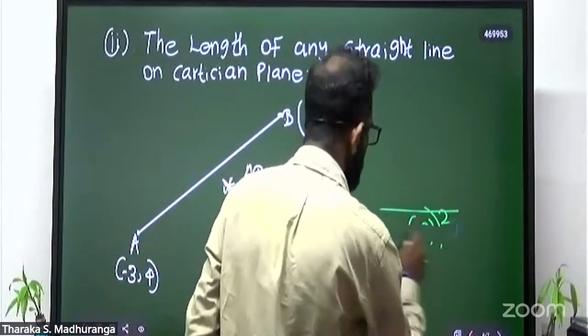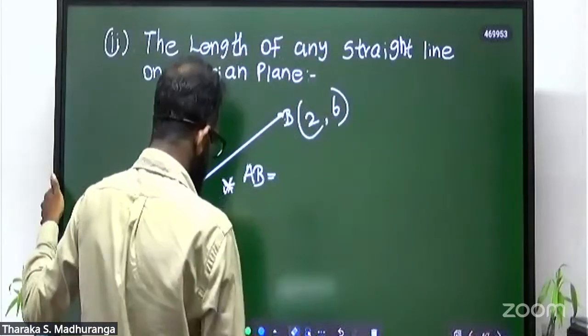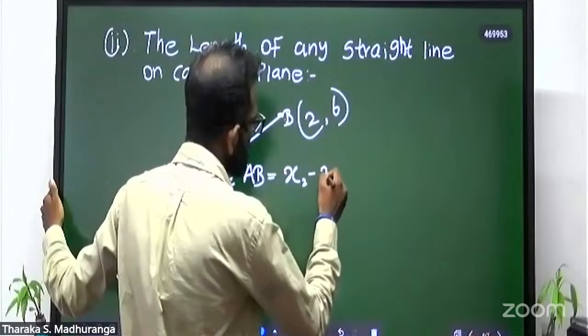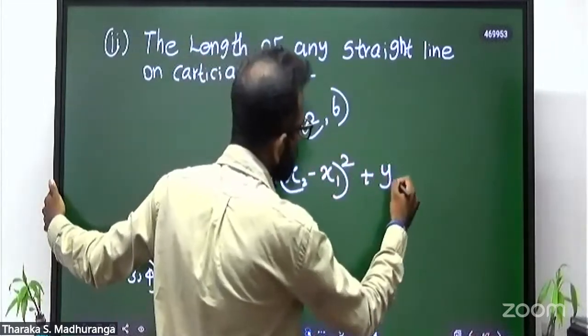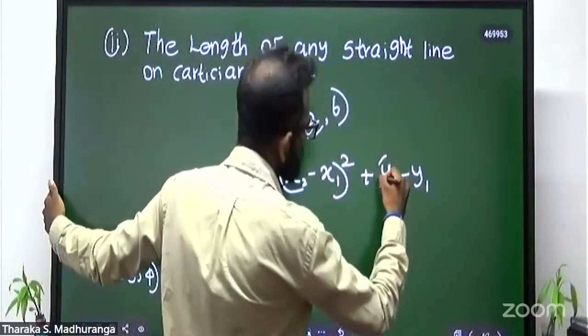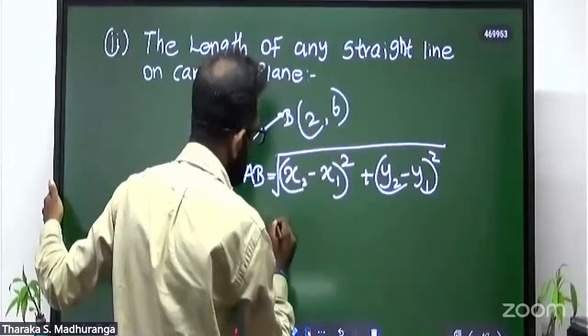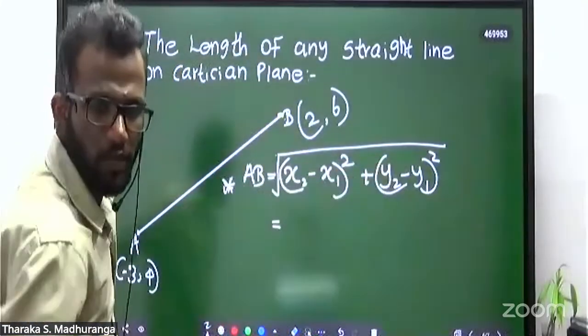Okay, I will do it again: x2 minus x1 squared plus y2 minus y1 squared, square root. Draw that and write down like this.